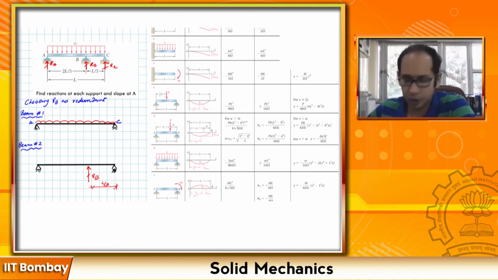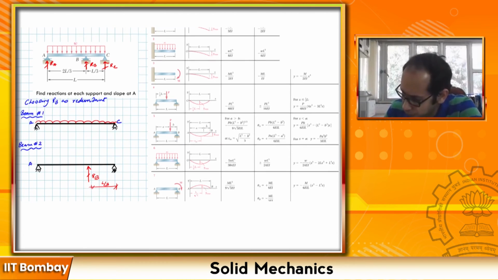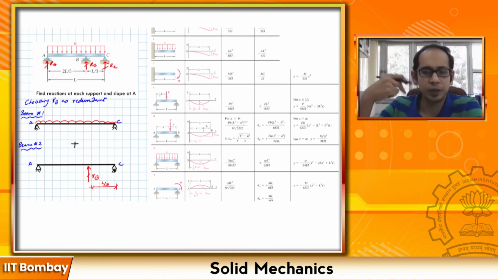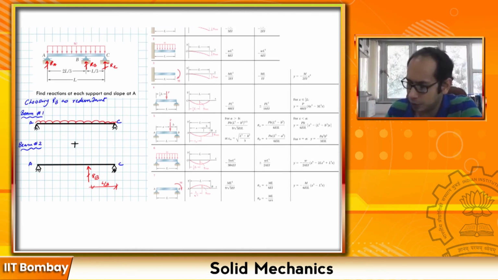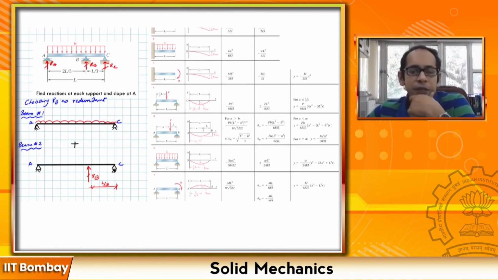Now that you have split your beam into two beams, the summation of the deflections and the slopes of these two beams eventually gives you whatever you want in this beam. Now you can use the tables.